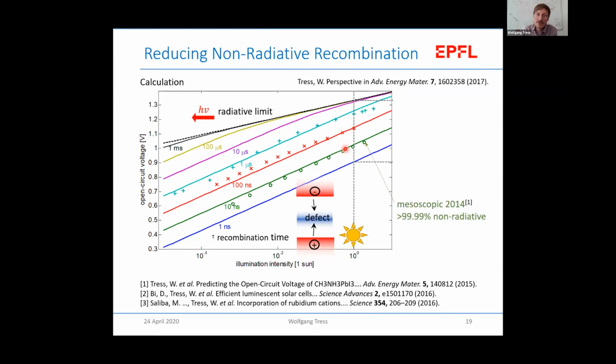These were devices which were fabricated at EPFL during my stay there, starting from a mesoscopic device with still a rather thick mesoporous titania, and then going to further engineered devices, not changing the device architecture too much, but trying to engineer the composition and the position of the perovskites. We could really move this curve upwards, and they follow this very simple model rather well.